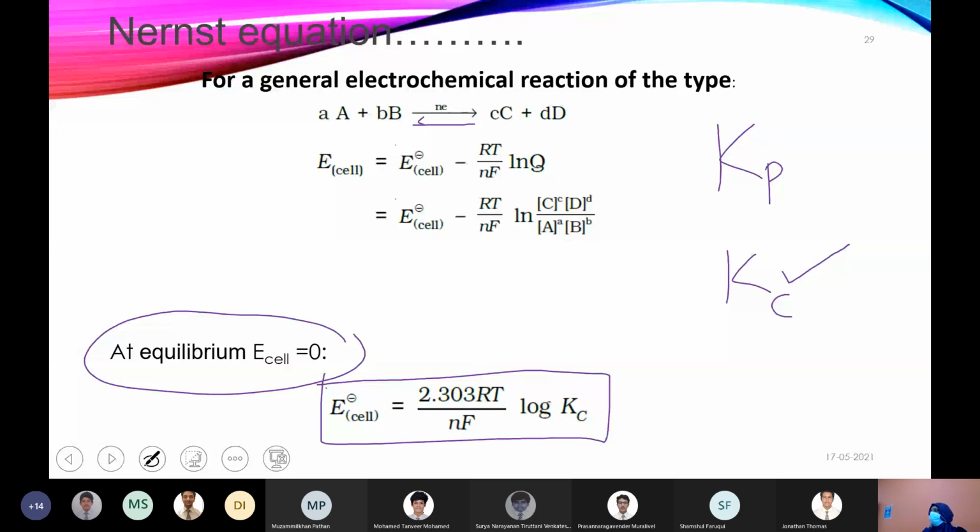So write this equation also, very important. At equilibrium we know that E cell is equal to 0. That means E0 cell is equal to 2.303 RT by nF log Kc.